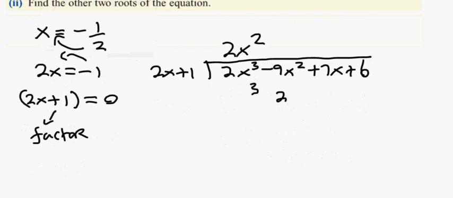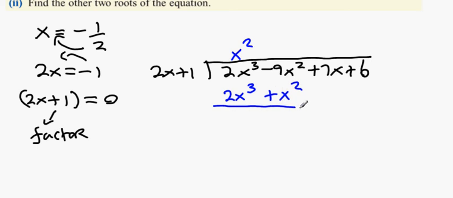Sorry guys, just made a quick mistake there at the start. What happened was it's basically 2x cubed divided by 2x is x squared. Okay, x squared multiplied by that is 2x cubed and then x squared by 1 is plus x squared. And now we can take them away.